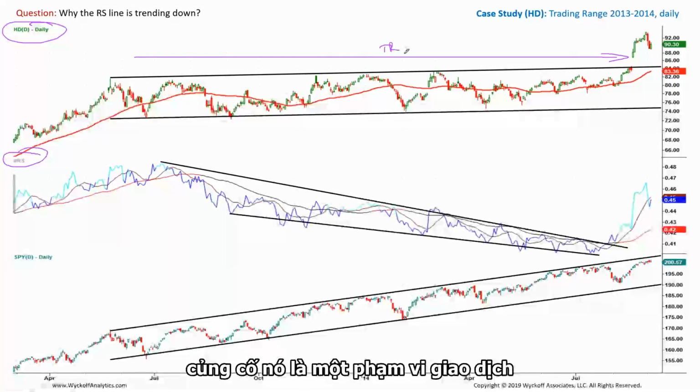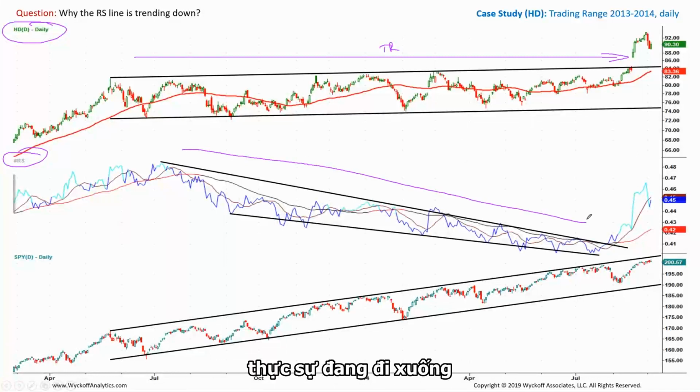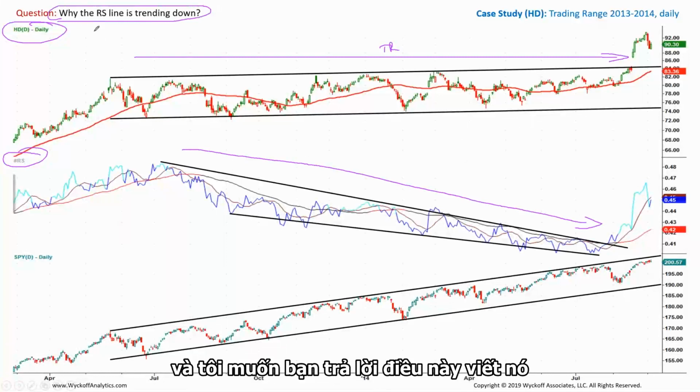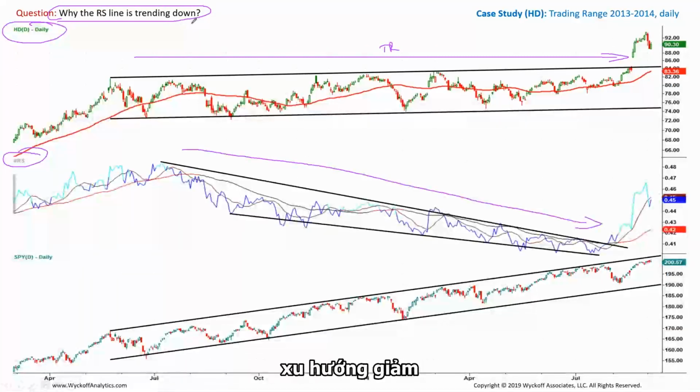It's a trading range. But then the relative strength is actually going down. So the question that I have for you guys, and I want you to answer this, write it down in your questions box, why is the relative strength line trending down? What's happening here?